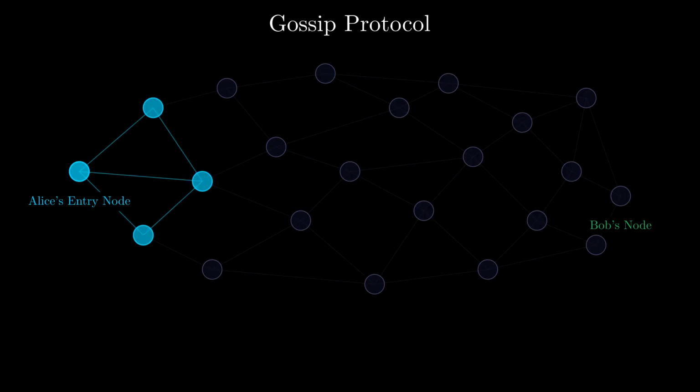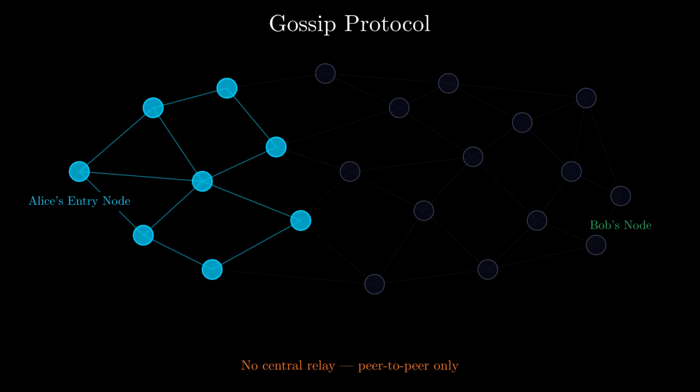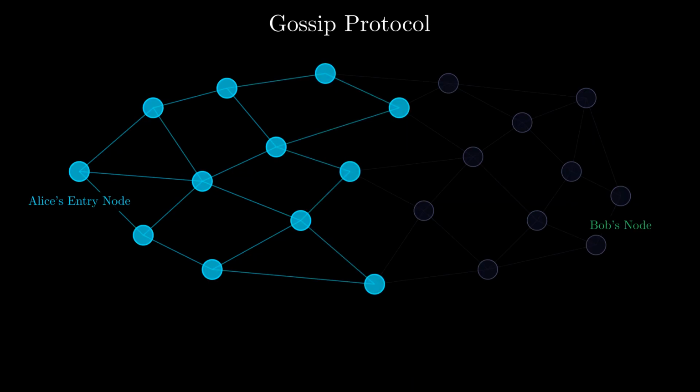Once the transaction reaches any single node on the Bitcoin network, the gossip protocol takes over. Gossiping is a propagation method where each node tells every peer about new information, like a rumor spreading through a crowd. The network has no central relay. Each full node connects to several peers, typically 8 or more.